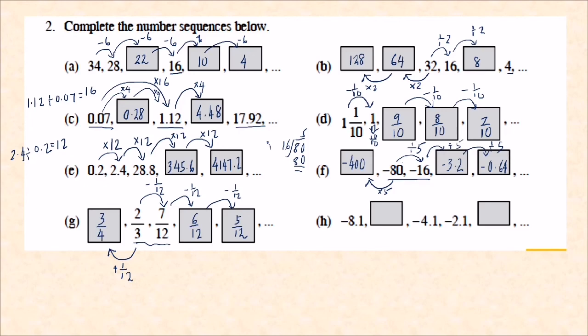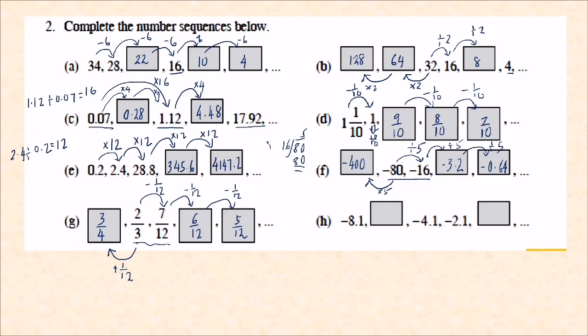Okay, so the last question has negative 8.1, negative 4.1, negative 2.1. So we find the difference between negative 4.1 and negative 2.1. Negative 2.1 minus negative 4.1 equals 2.